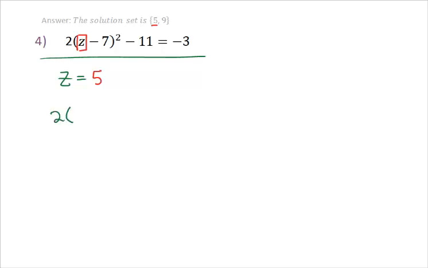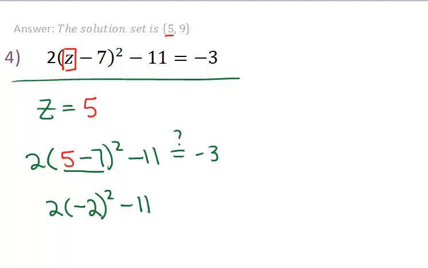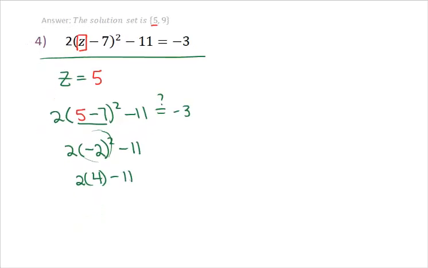So we have 2 times 5 minus 7 squared minus 11, and we're trying to make sure that that is equal to negative 3. Following your PEMDAS, you have your parentheses first. 5 minus 7 gives you negative 2. Copying down the rest of my problem. Then your exponent, negative 2 squared, gives you a positive 4. And again, just copying down the rest of it.